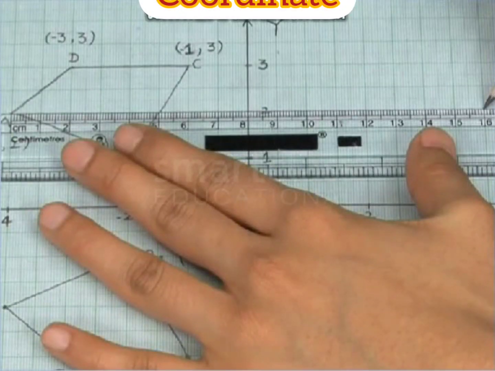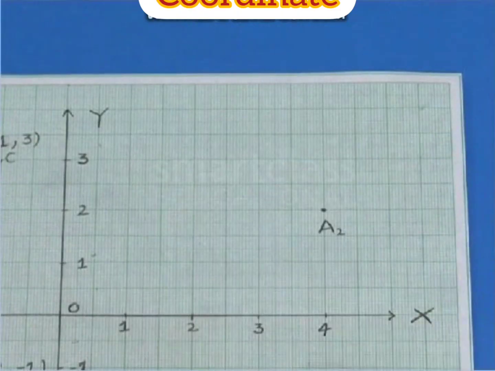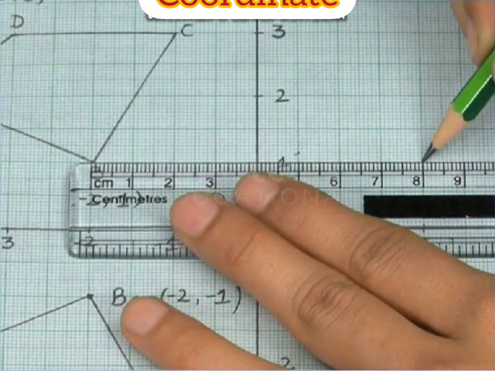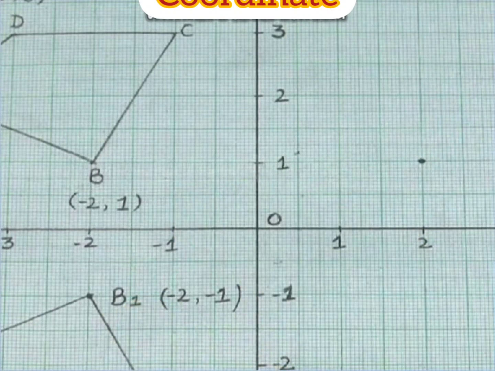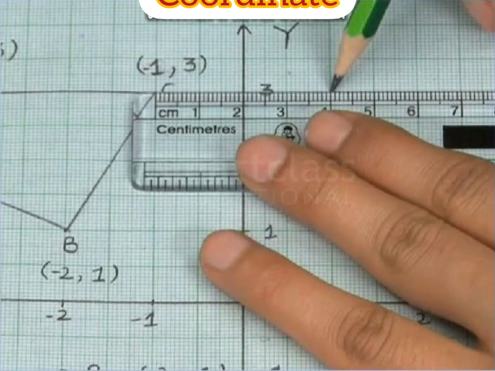Now plot the mirror image of quadrilateral ABCD with respect to the y-axis. Plot the mirror image of point A with respect to the y-axis and name it A2. Now plot the mirror image of B with respect to the y-axis and name it B2.